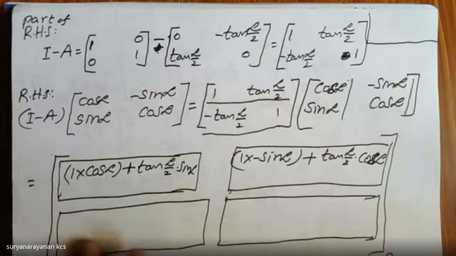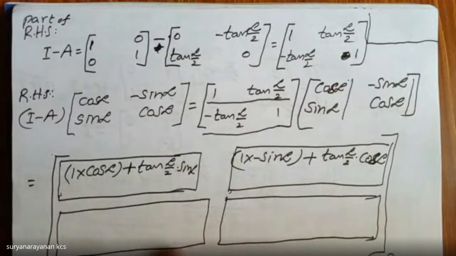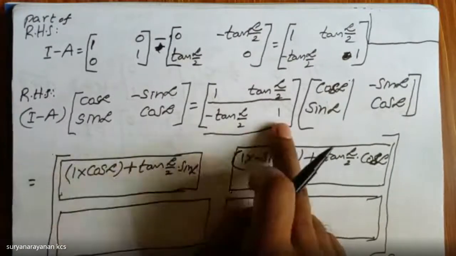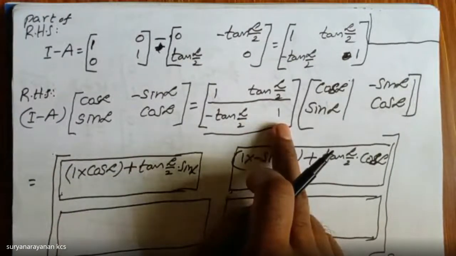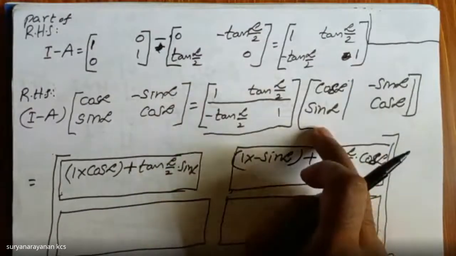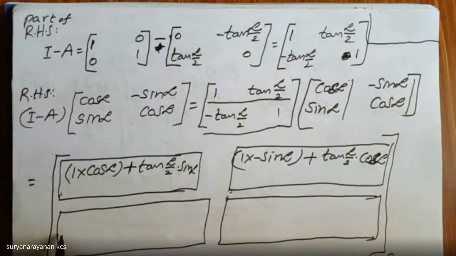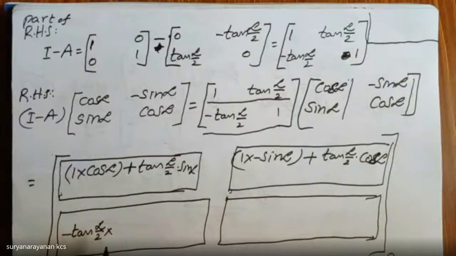Now come to the second row. We take the second row and this column: minus tan alpha by 2 into cos alpha plus 1 into sin alpha. Don't be confused here.